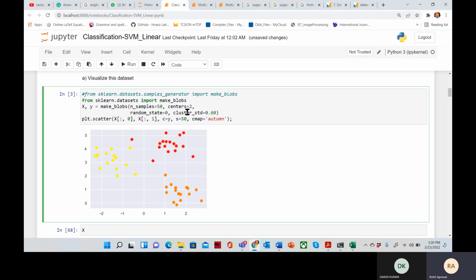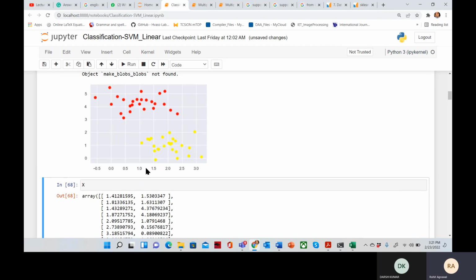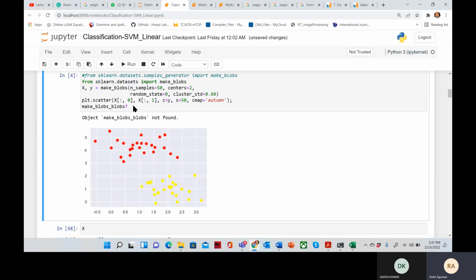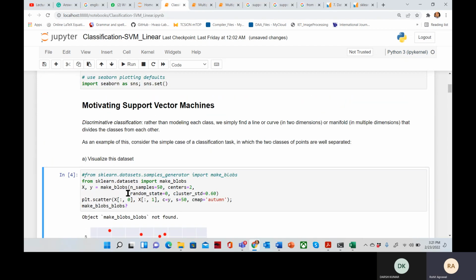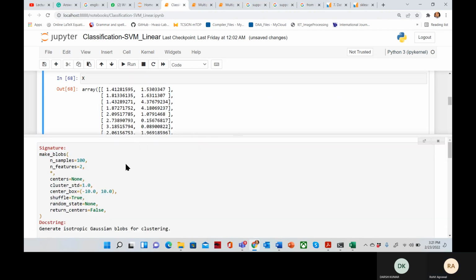These are the other parameters, so you can learn about what they are. Write make_blobs with a question mark and you can see. Sorry, I need to run this separately. We need to run it. Just write this and see what other parameters there are. The number of samples by default is 100.